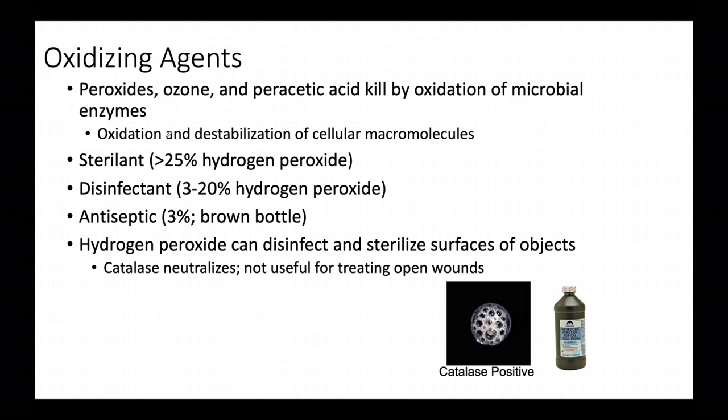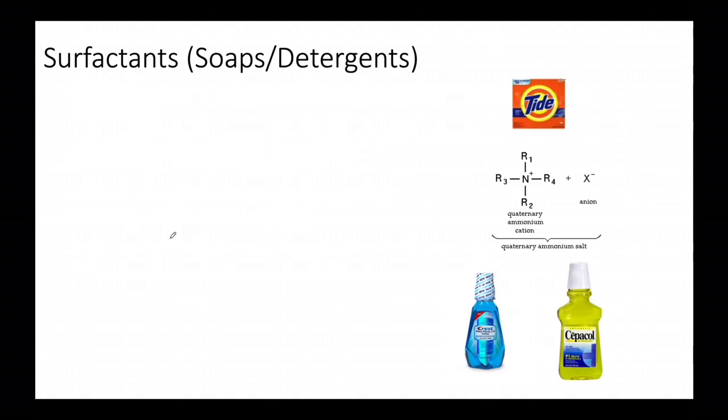And if they do, then they create these toxic forms of oxygen like peroxides and superoxides and hydroxyl radicals and things like that. And so many bacteria actually have enzymes like catalase that can neutralize some of these oxidizing agents. And so again, these may not be equally effective across all groups because some microbes have the ability to neutralize or break down these oxidizing agents.